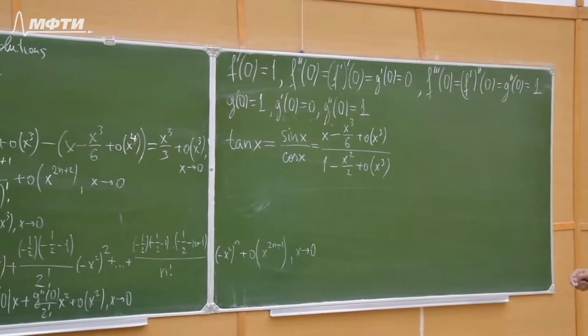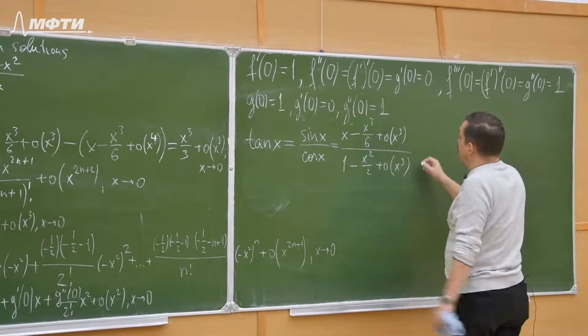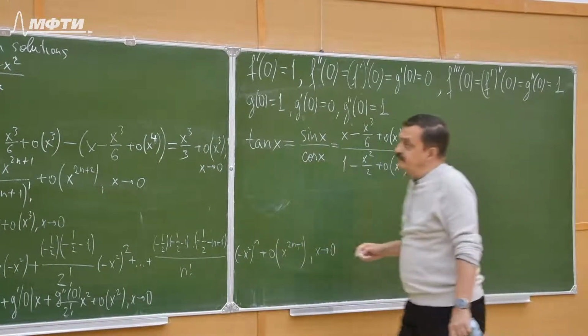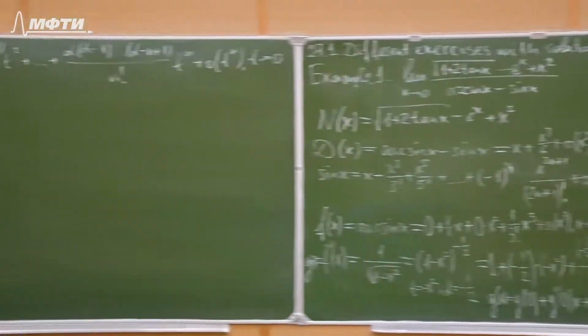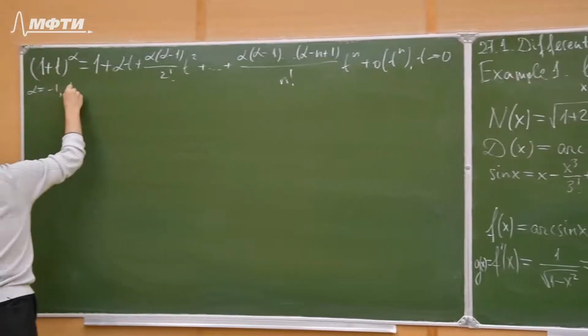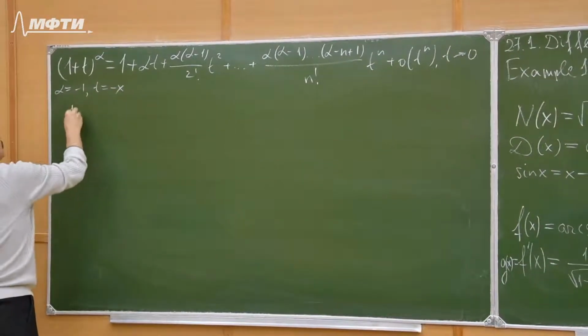And now how can we proceed here? Recall that a particular case of this expansion for alpha equals -1 and t equals -x is very simple.